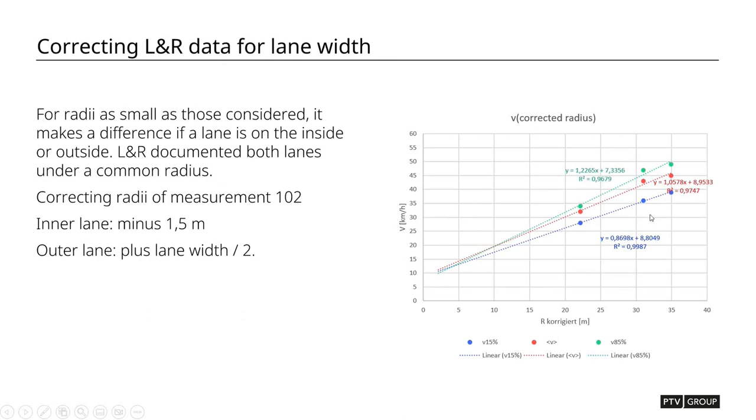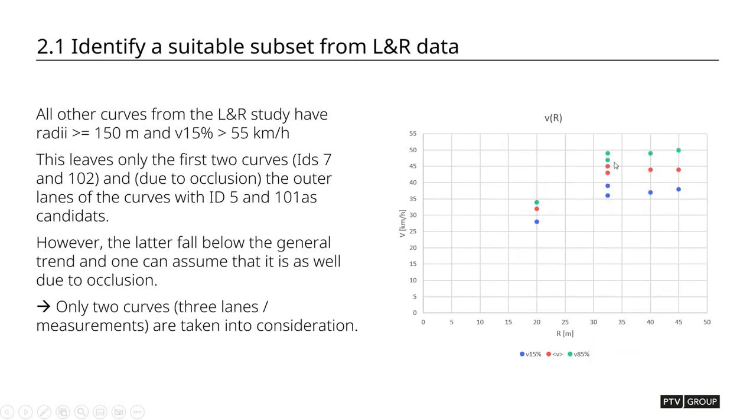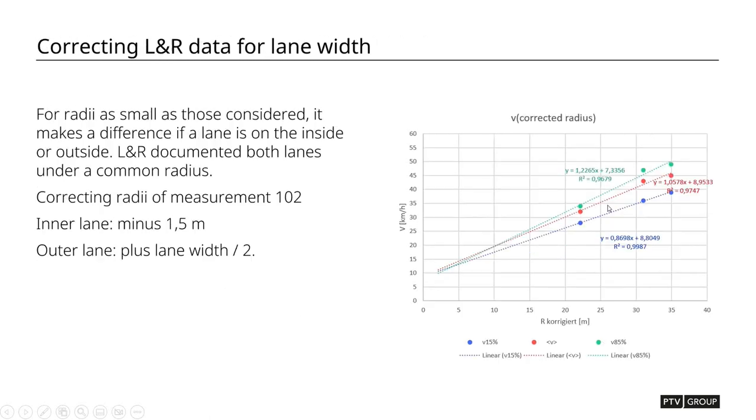Then the next step is that at those slow speeds and small radii, it plays a role, I think, that the inner lane has a smaller radius than the outer lane. And Lindenmann and Ranft didn't do a correction for that. I did here. So what was here at the same radius value is now at two different values.